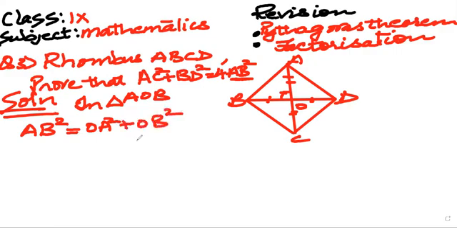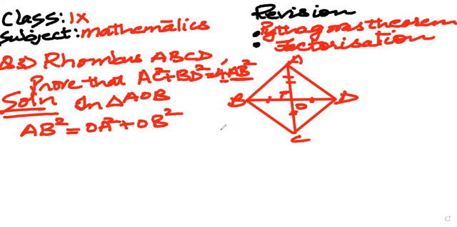Okay, I got the first thing, but I need 4. Okay, from where this 4 will come? Okay, so now children, be careful because OA is the half part of AC. Okay, if AC is 6, OA will be 3, half.